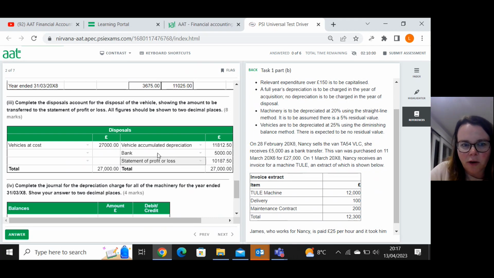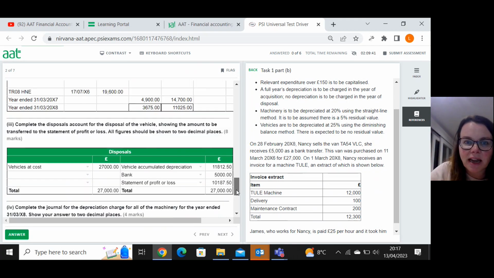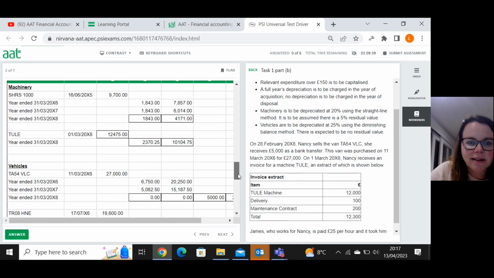I also know it's a loss because if you look at the carrying amount of this vehicle at the time of the sale, 27,000 subtract £11,812.50, the carrying value was £15,187.50. I could have just looked up here, in fact.